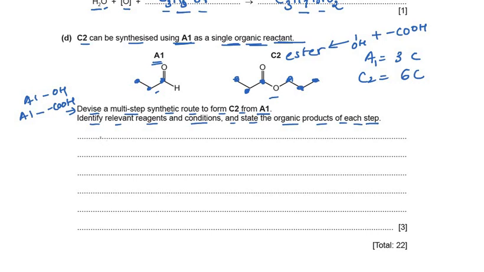Simple, easy step. So I'll write reaction 1. Reaction 1 should be A1 reacted with a reducing agent. It can be LiAlH4, that is the most famous reducing agent, or you can write NaBH4. That's going to change it into propanol.